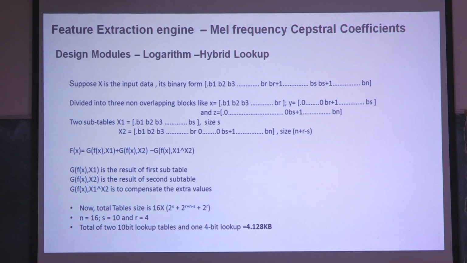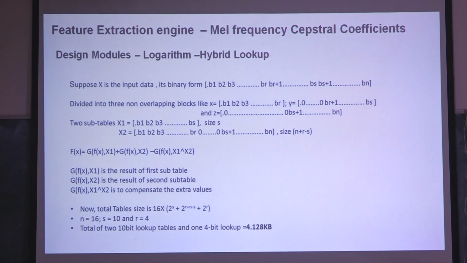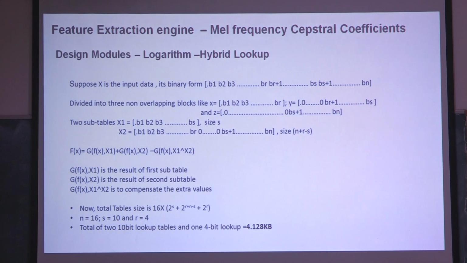When we check the bits, Br plus 1 to Bs are redundant bits. So this intersection we need to remove, which is represented as capital F of x equal to g of small f of x comma x1 plus g of f of x comma x2 minus g of f of x in x1 intersection x2.